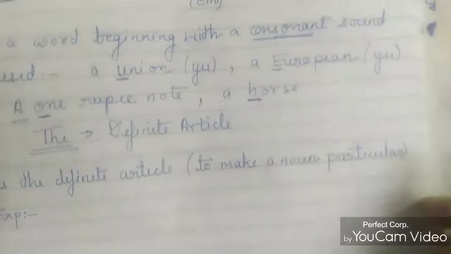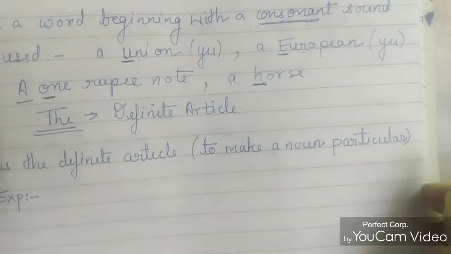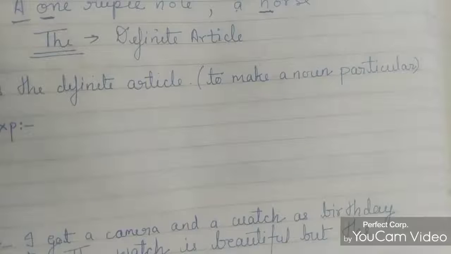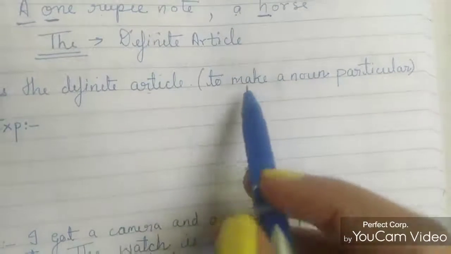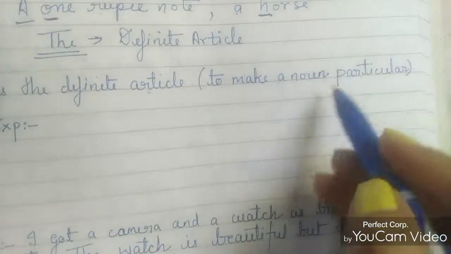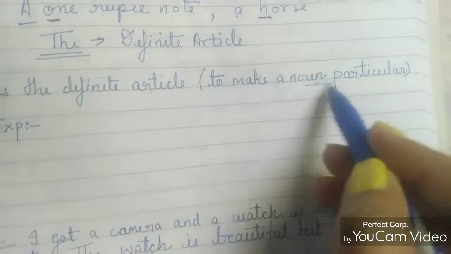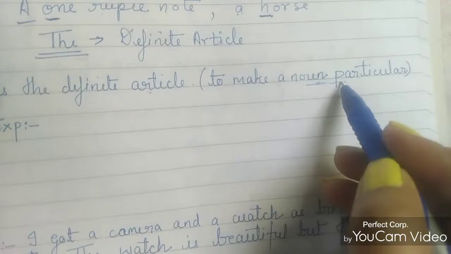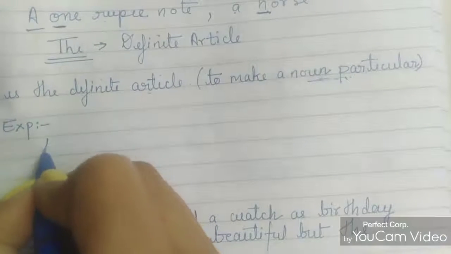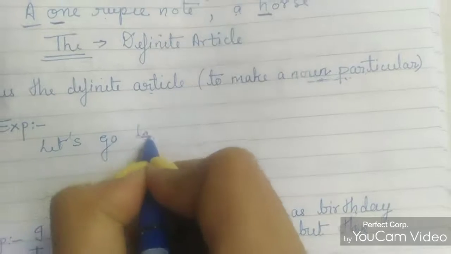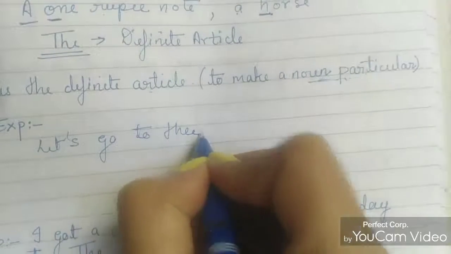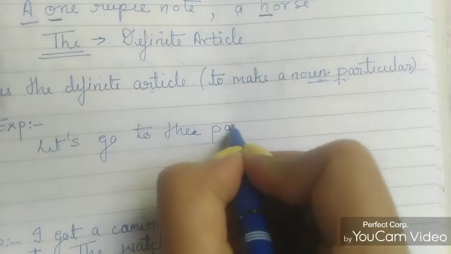Okay, now talking about the definite article. The is the definite article, and if we have to make a noun particular, then we use the article before it. Like I am taking the example, let's go to the park.